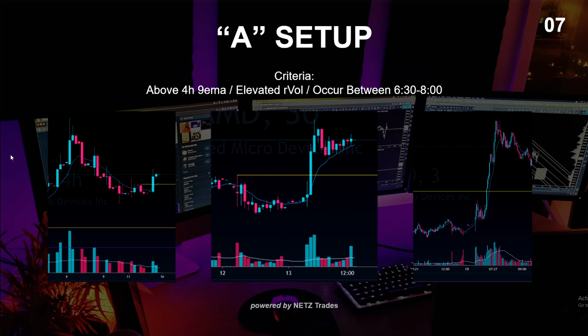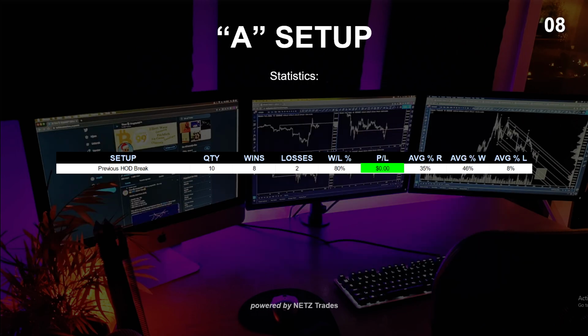It's also important because it allows you to keep statistics on it. This is just a very small sample size, only 10 trades. I have a much larger sample size for my own personal setups, but I just want to give you an example. This is something you should start tracking.